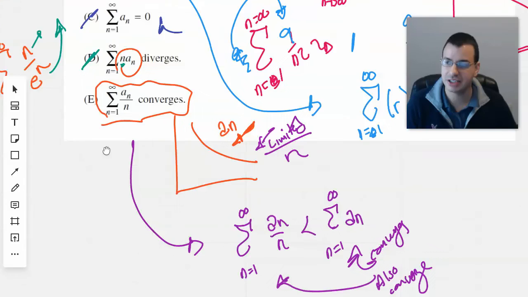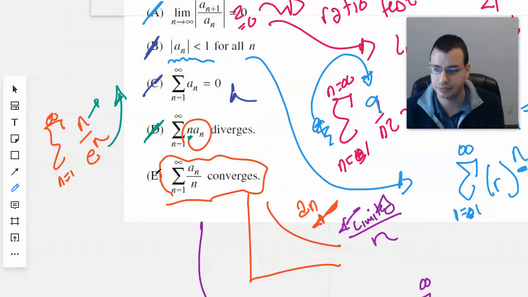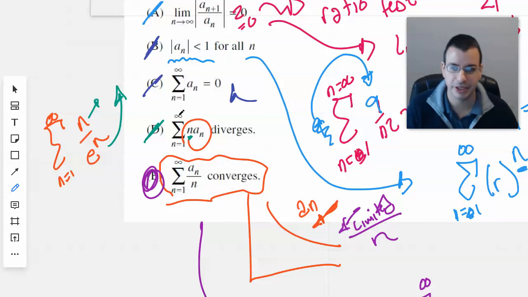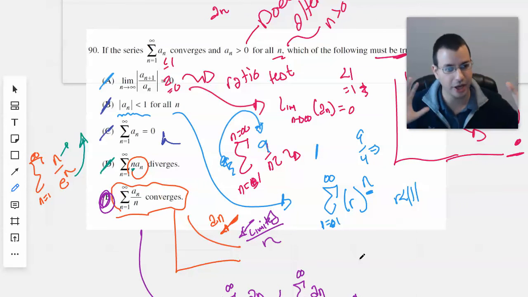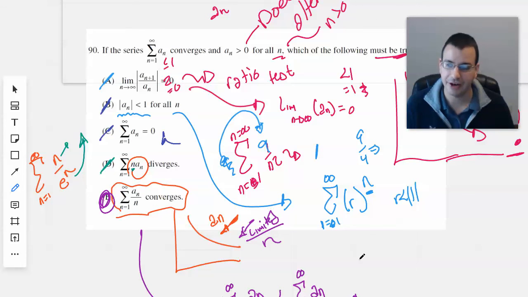So in this case, E would be the answer. Make sense? This is actually a pretty good problem because it shows a lot of different thought processes and a lot of conceptual errors that are really easy to fall into. But if you have a conceptual understanding of what these divergence tests are doing, then you can sidestep them.